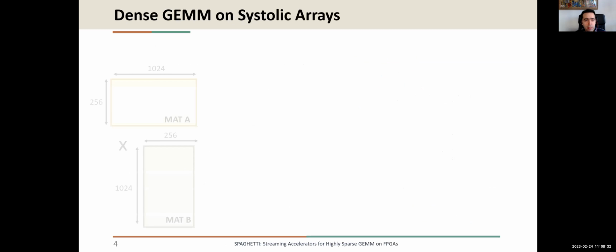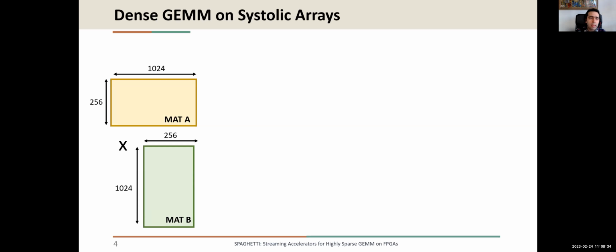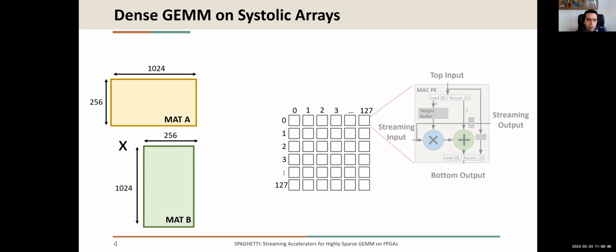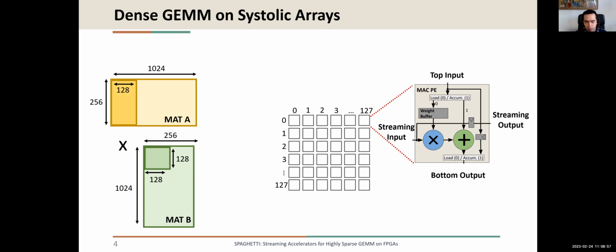All right, so let's take a look at dense GEMM, general matrix multiplication, on systolic arrays. Systolic arrays are one of the most popular architectures for matrix multiplication. We usually have a 2D grid of processing elements, and each processing element has a multiplier and an adder. In this picture, I have a 128 by 128 mesh of processing elements.